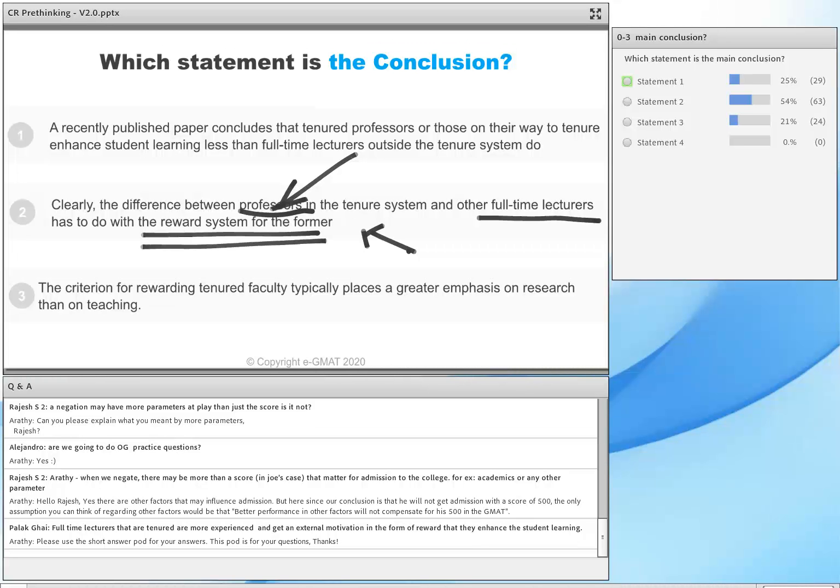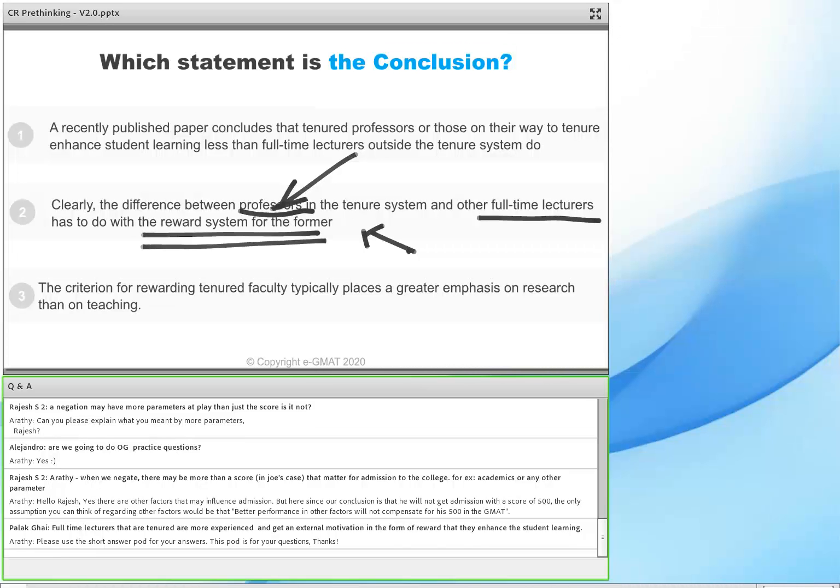So that's what the author wants to say. Let me just hide this poll. The author does not doubt the validity of the data in that research paper. And statement 3 is the additional information that the author provides to justify statement 2, which is his main claim over here.